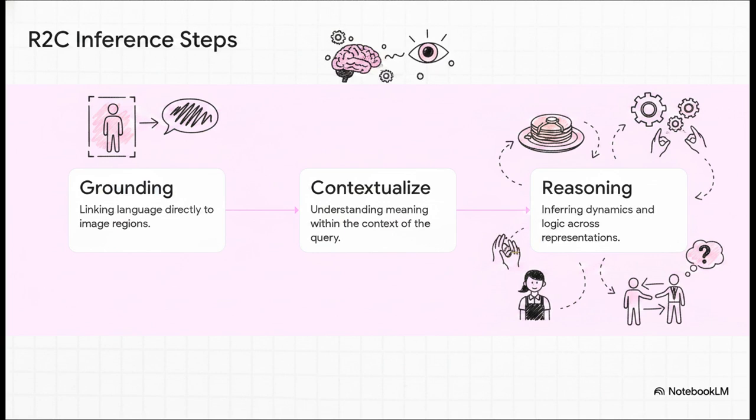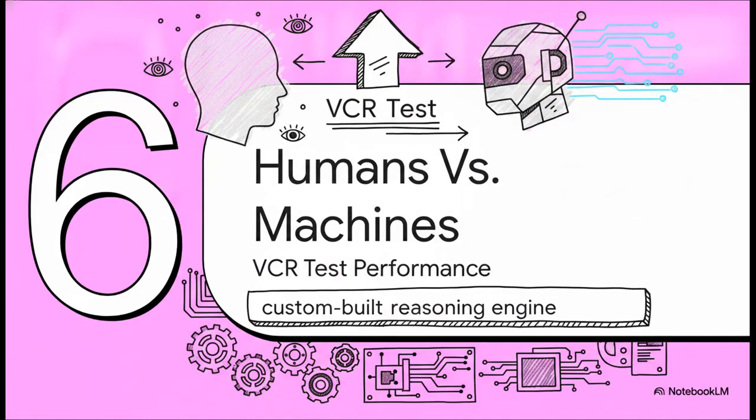Next, it contextualizes by looking at the rest of the image. It notices the pancakes, the server, the hand gestures. Finally, it uses a reasoning module to combine those language and visual cues to infer the social dynamics. It is a really structured attempt to teach a machine how to bridge the gap from simply seeing to actively comprehending. And finally, Section 6, Humans versus Machines.